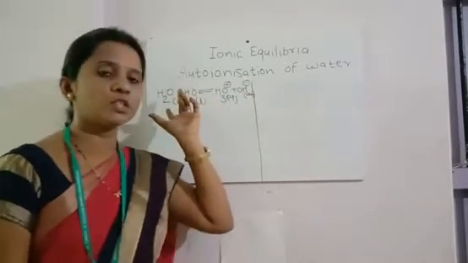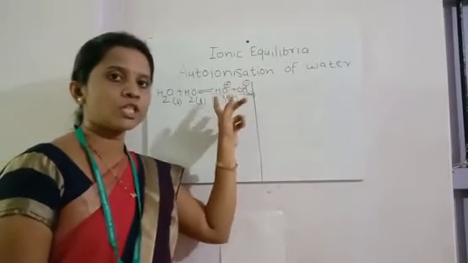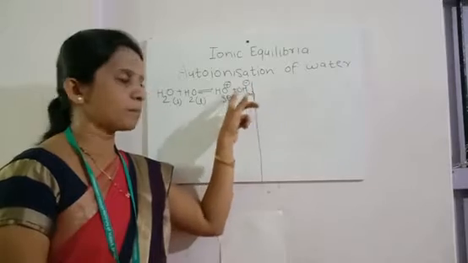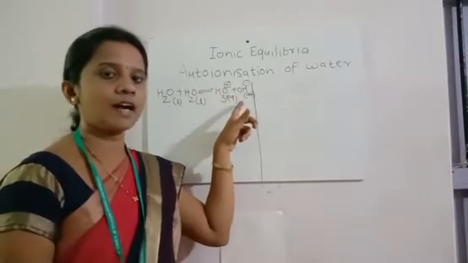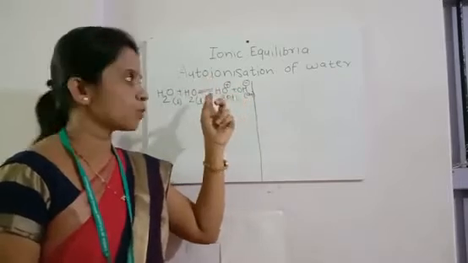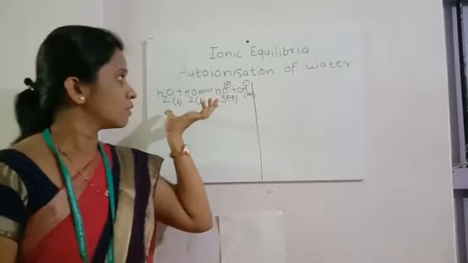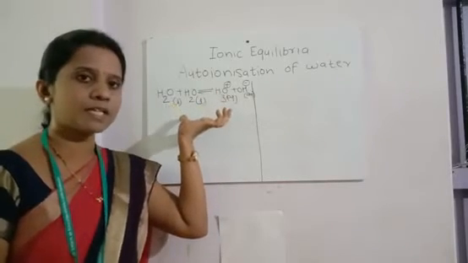What I said, 2 moles of water are reacting to give H3O plus and OH minus, hydronium ion and hydroxyl ion, OH minus ion. So this is the OH group and H3O plus. So this is the equilibrium reaction.